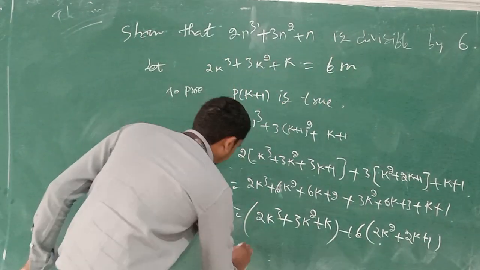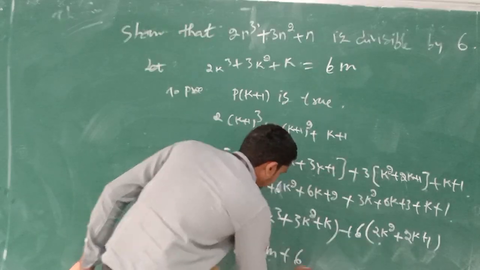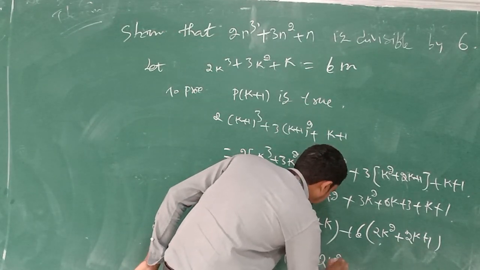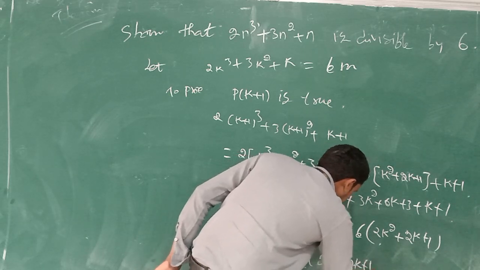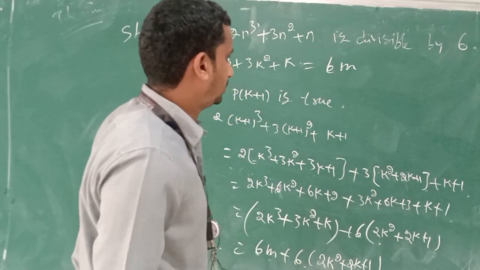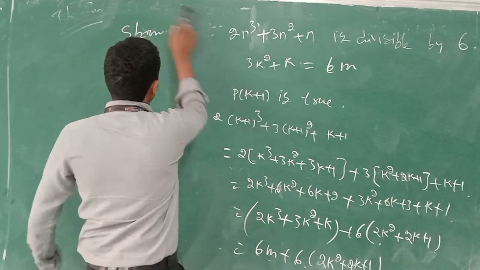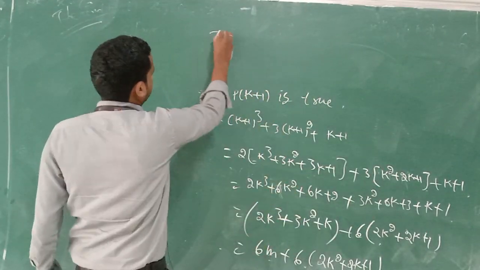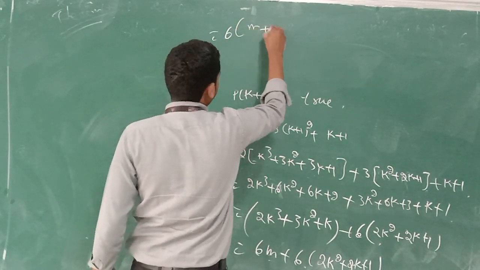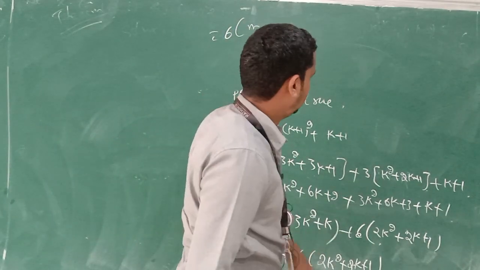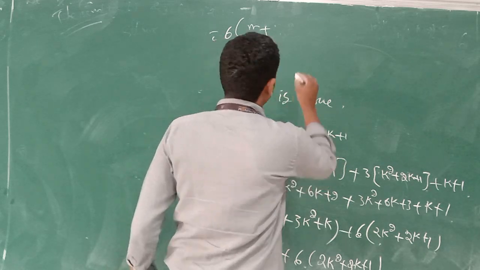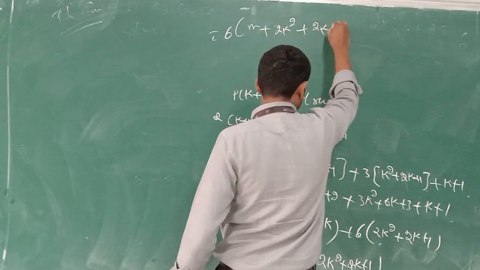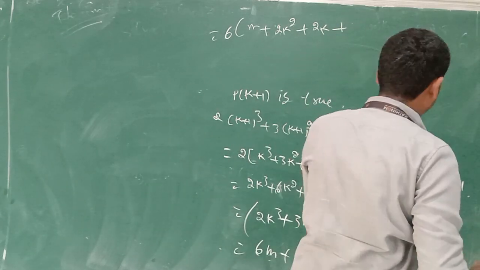So this can be written as 6m plus 6 into (2k square plus 2k plus 1). After a small rearrangement, you get 6 into (m plus 2k square plus 2k plus 1).